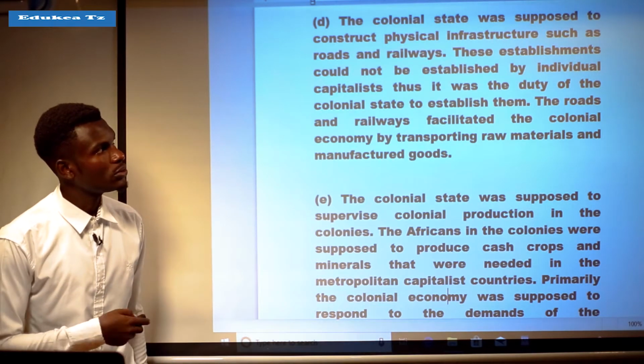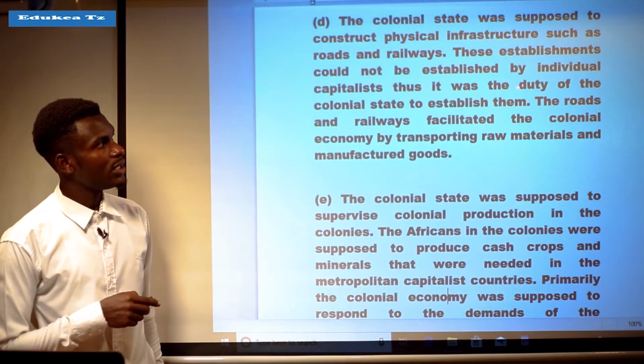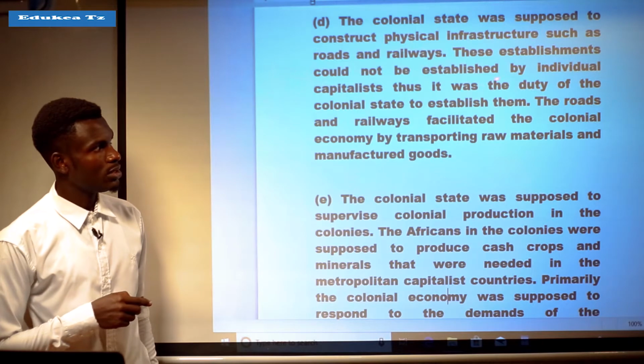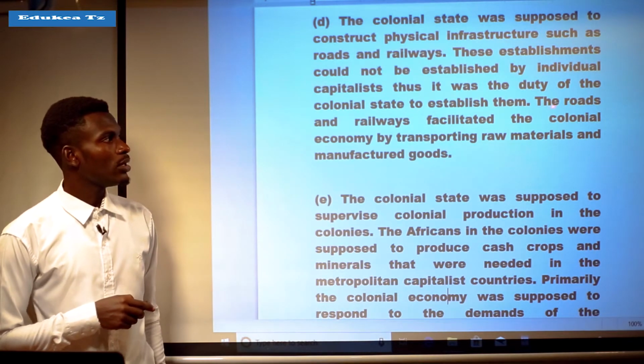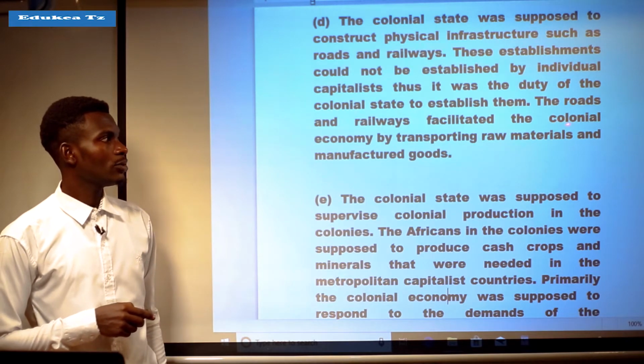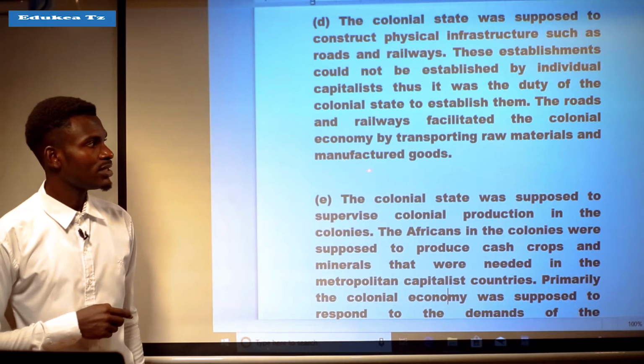These establishments could not be established by individual capitalists. Thus, it was the duty of the colonial state to establish them. The roads and railways facilitated the colonial economy of transporting raw materials and manufactured goods.